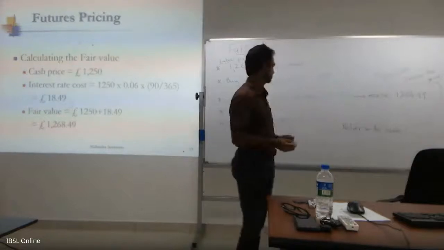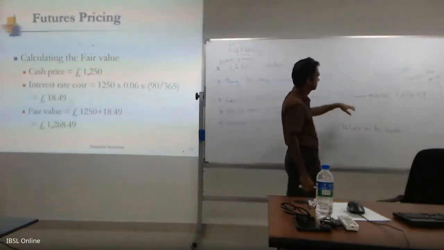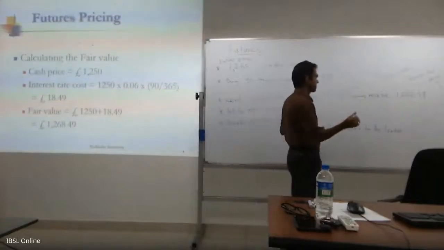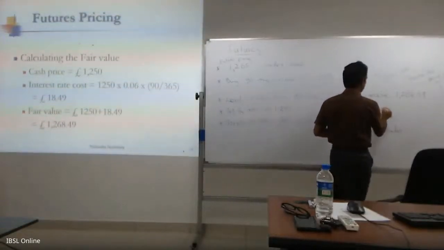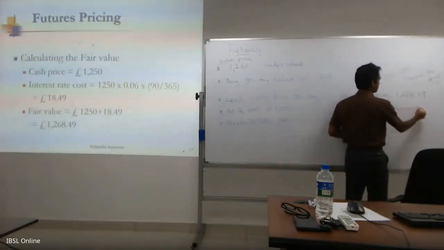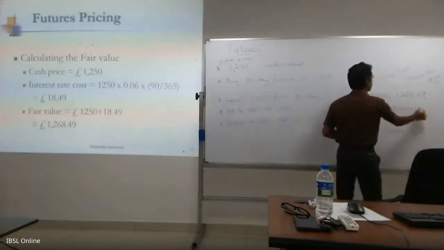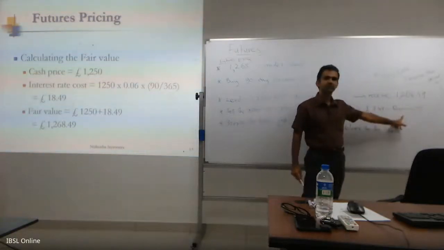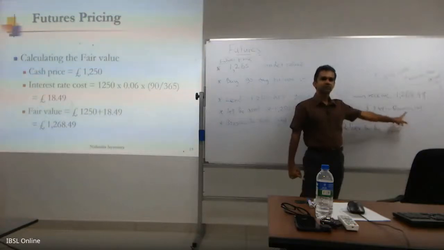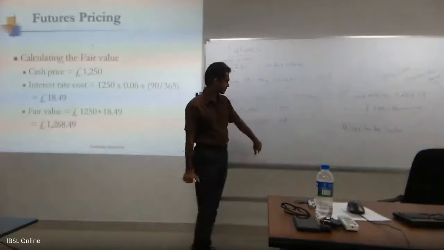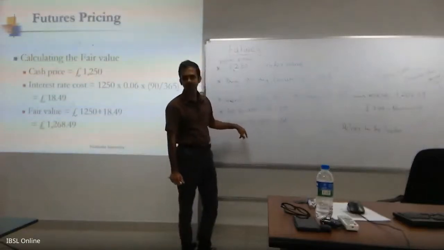So if you assume there's no cost in this, whatever the difference is, your profit is 3.49 minus the borrowing cost. What borrowing cost? Borrowing cost of this asset, not cash. You borrowed the asset, there may be a cost.